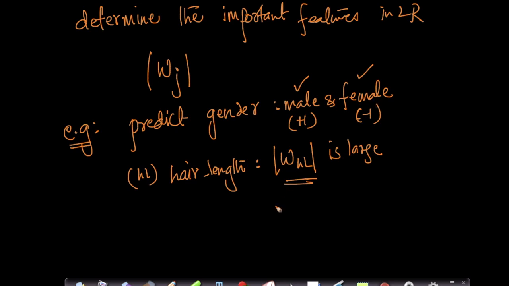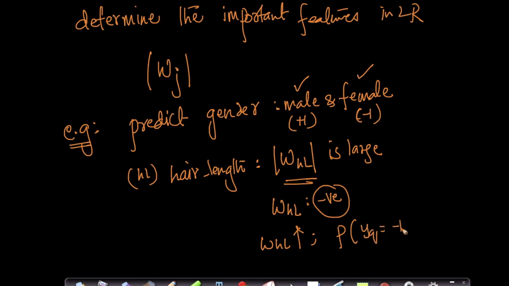But remember, the weight WHL will be negative. Why will it be negative? I'm telling this from common sense. As WHL increases, the probability that YQ equals -1 increases, because as the hair length increases, the probability that the person is female, -1 being female here, increases.